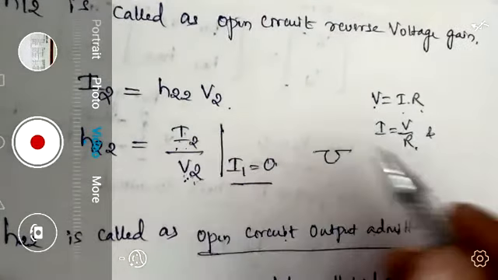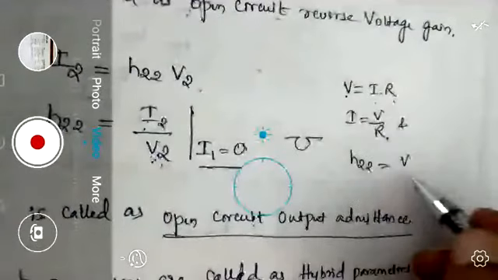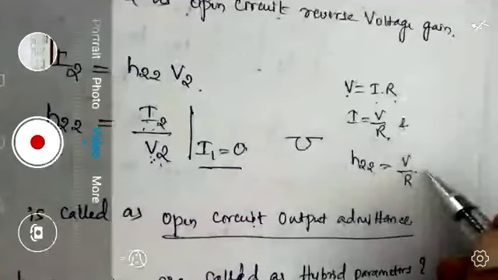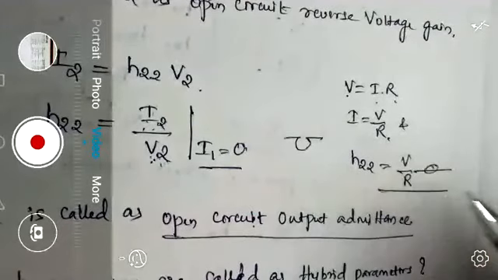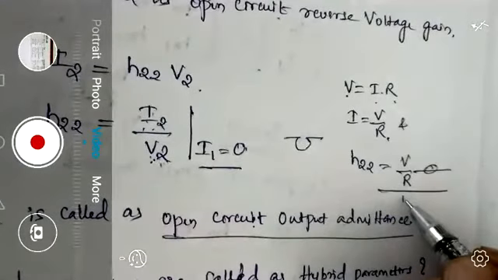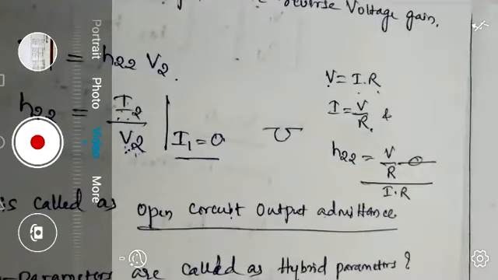Now, H22 equal to, in general, I equal to V by R, divided by V2. V is nothing but I into R. Next simplification. Simplify. Wait, sir. V by R. Simplify.